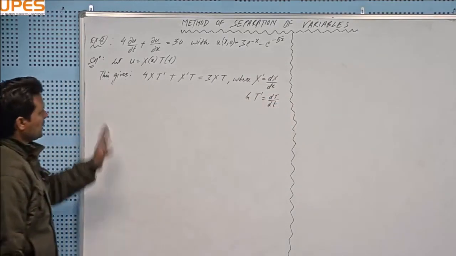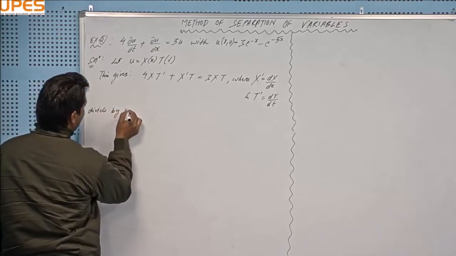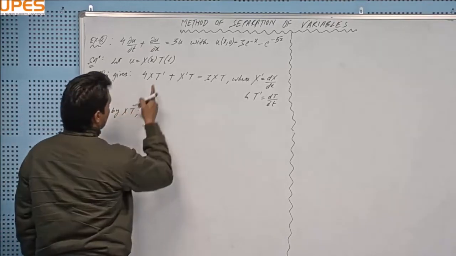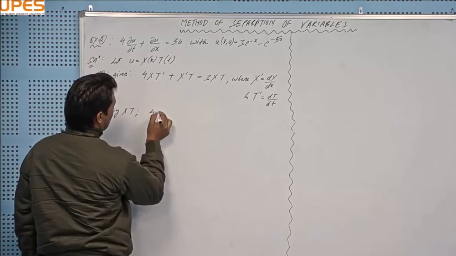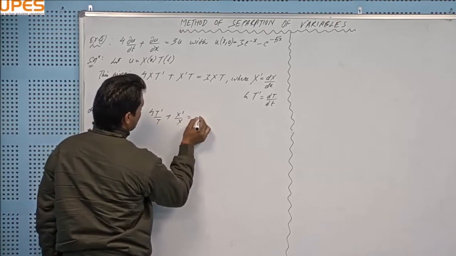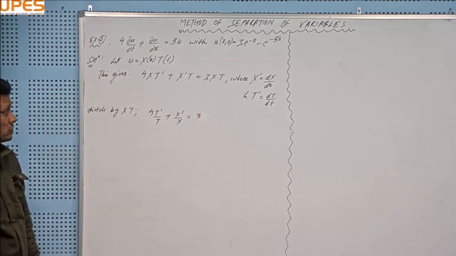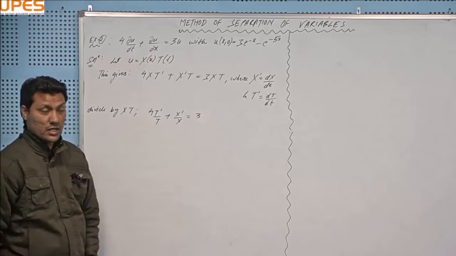Okay, then dividing it by xt, I will get 4T'/T + X'/X = 3, right? And try to separate them in order to get x on one side and t on the other side.